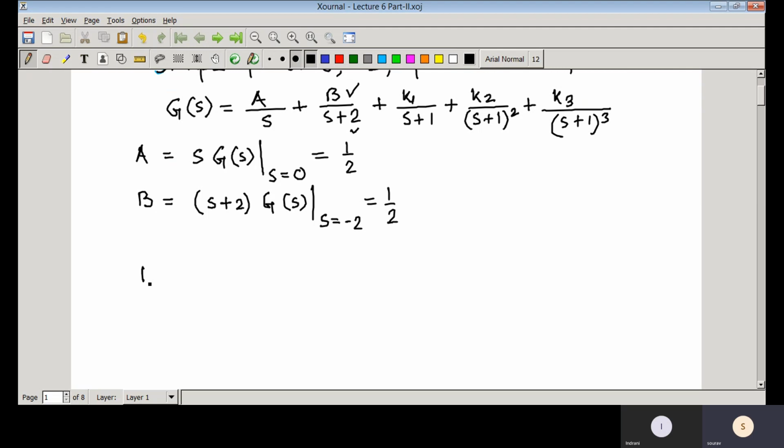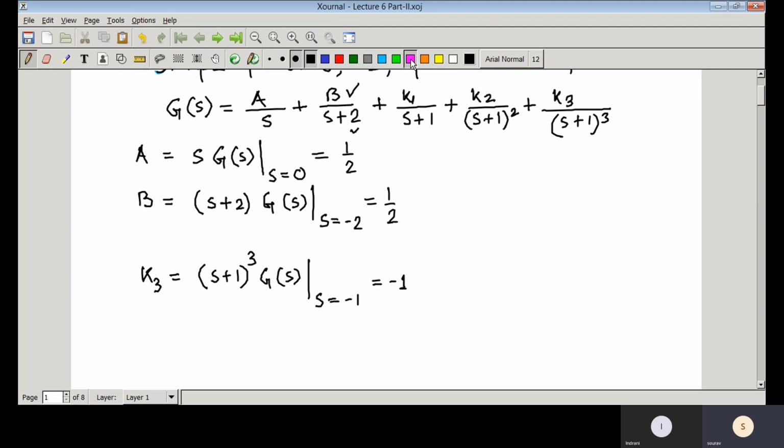Then K3 is (s plus 1) whole to the power 3 G(s). You find it at s equal to -1, so that would be 1.